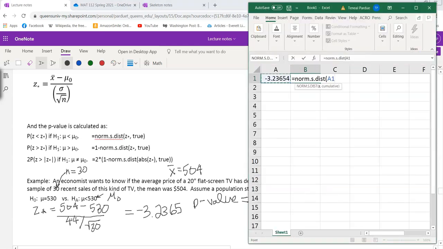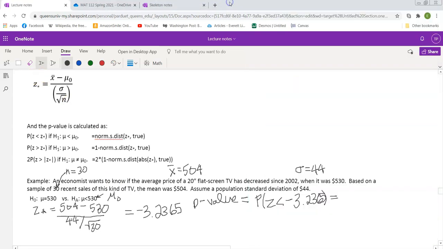But it doesn't matter because over here we're just linking to that cell directly. So we do our NORM.S.DIST, and we get that our p-value is 0.0006. All right. So that's our test statistic and p-value for the first example we were looking at.